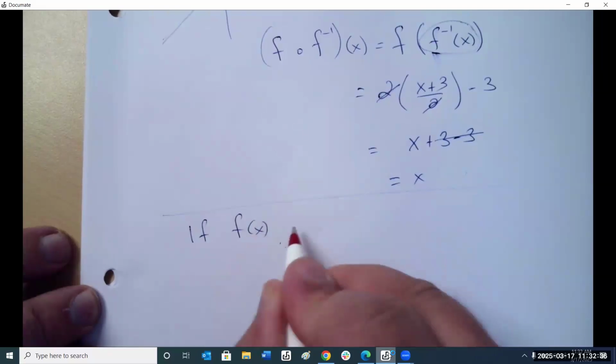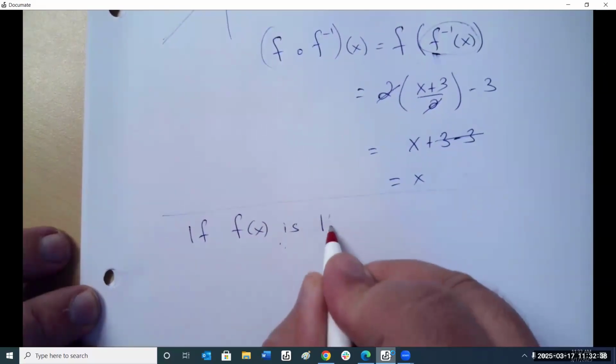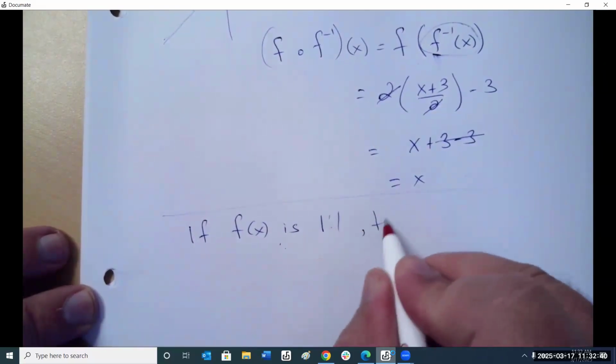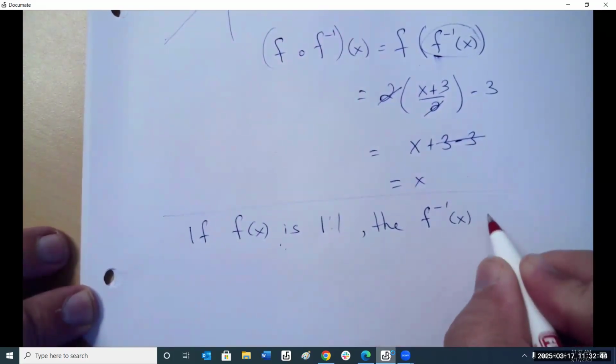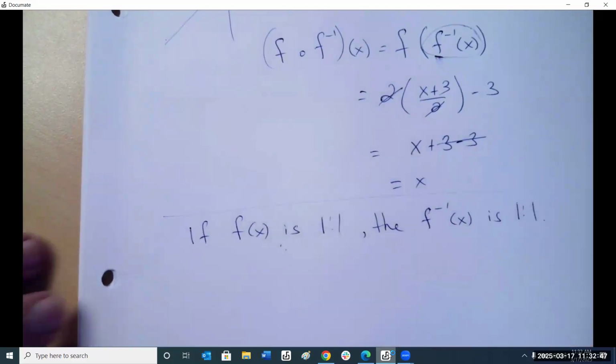If f of x is one-to-one, then the inverse of f is one-to-one.